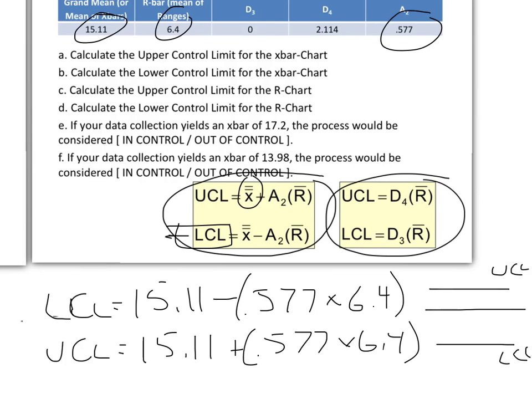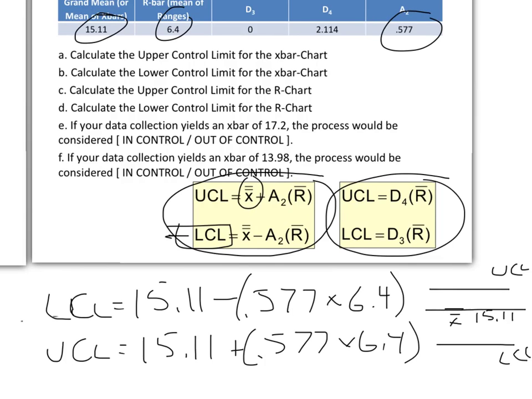And then right in the middle here, well, that's not exactly the middle, but we would have the X bar, the grand mean here of 15.11, and then plus or minus 3 standard deviations around that is going to define the limits of our process measure here. All right, so again, just some background for you on that.